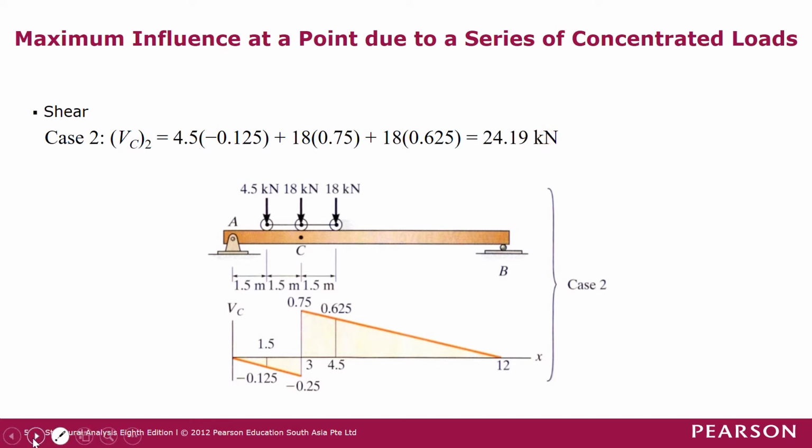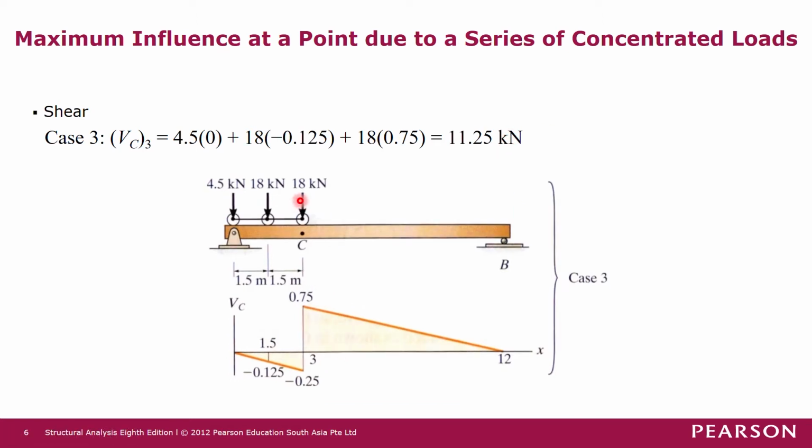Then case number 3 is when this 4.5 kilonewton force is exactly on the support A. So the ordinate here is 0, the ordinate here is 0.125, and the ordinate here is 0.75, because it's just to the right of C. It hasn't passed through C yet.